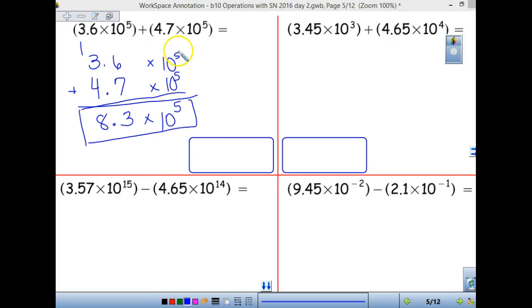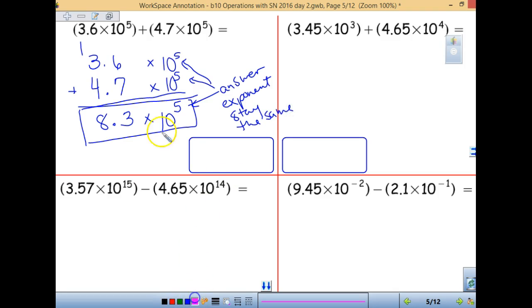The exponent stays the same. Okay? So if I notice this is 5th, as long as all of these are 5, in our answer the exponent stays the same. Because I want you to think about what you're doing when you do this problem. So the answer exponent is going to stay the same, and this is why. Here's what you're doing.